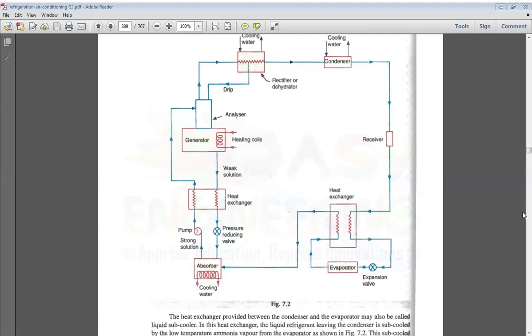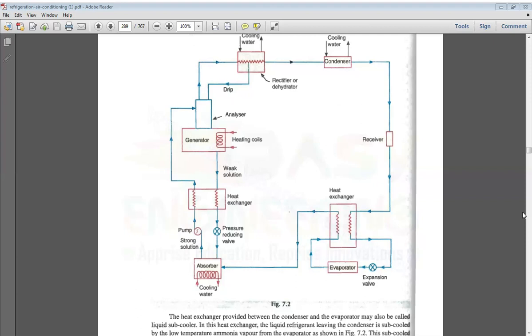The strong solution, in the case of a simple vapor absorption refrigeration system, enters into the generator. But here we place a heat exchanger, that is the ideal device. It absorbs the maximum heat energy from the hot weak solution, so that it is one of the major advantages. It reduces the amount of heat given to the generator, so that the cycle repeats as usual.